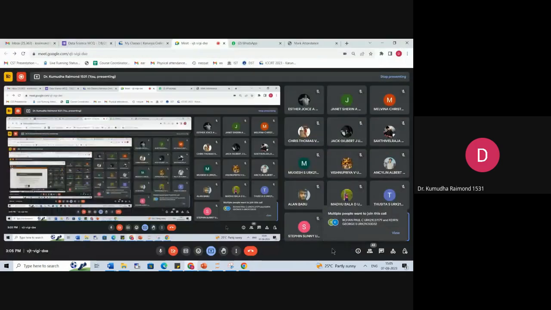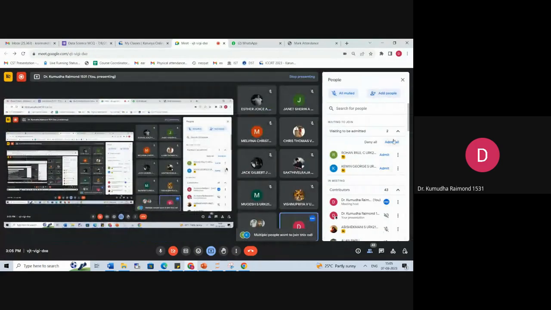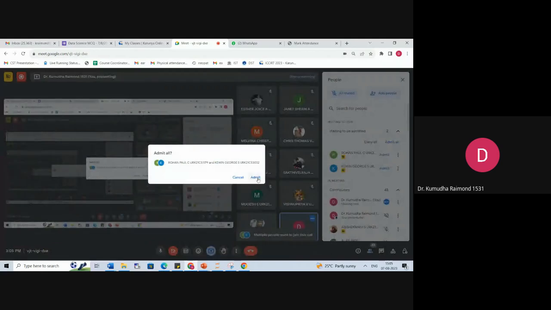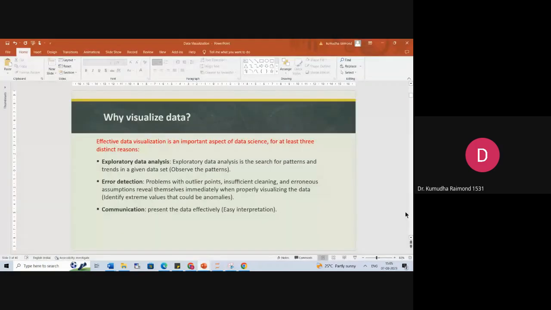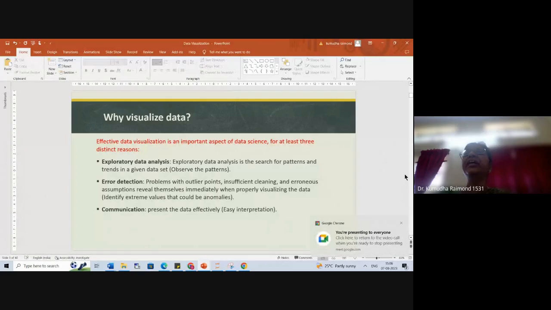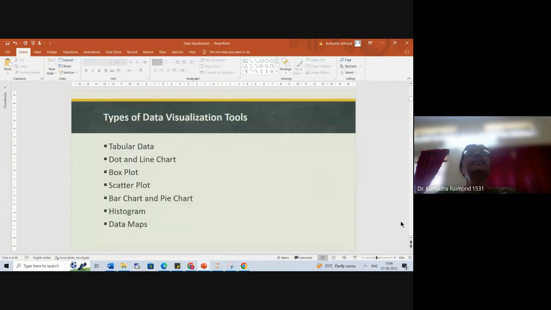So that is the advantage of having such visualization graphs. Exploratory data analysis, understanding that there is erroneous or outlier data, and effective presentation, communication, or easy interpretation, all those things are the advantages of visualizing tools.